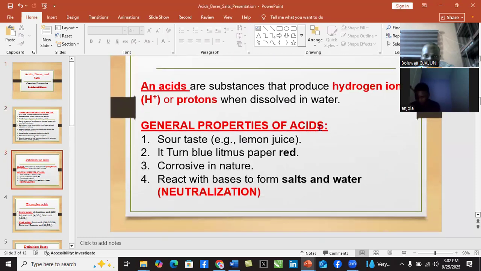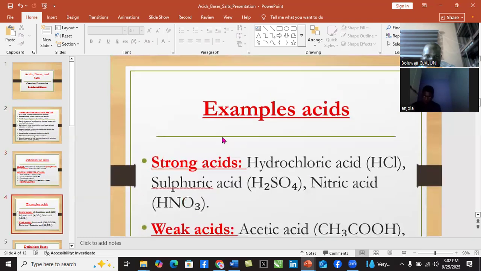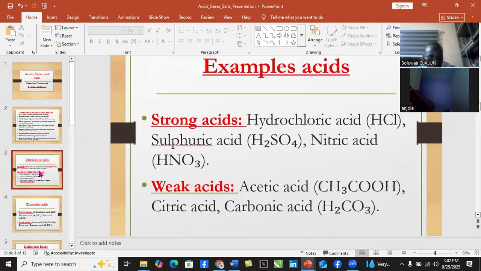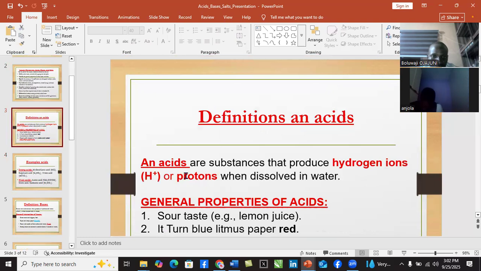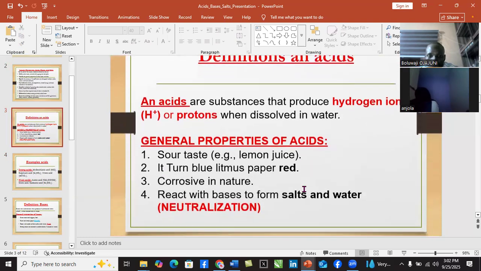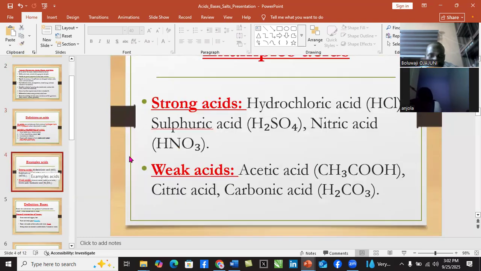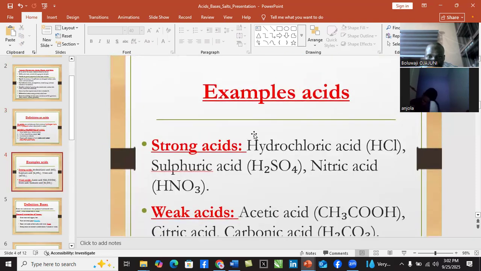Then these are the general properties of an acid: sour taste, turn blue litmus paper red, corrosive in nature, and react with metals. Then we are able to look at stronger acid and weaker acid, with examples.